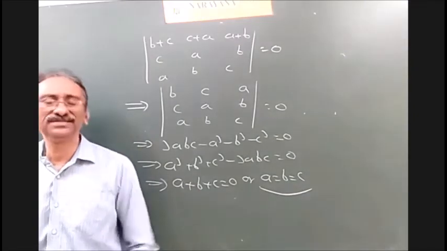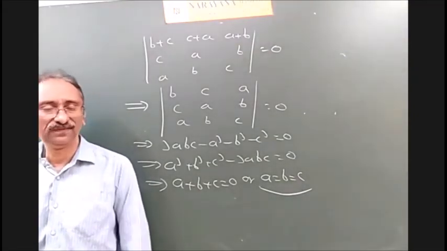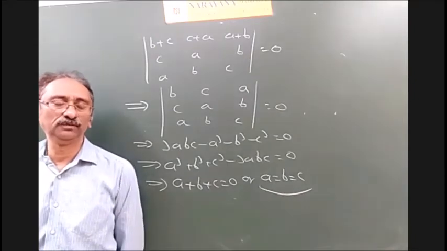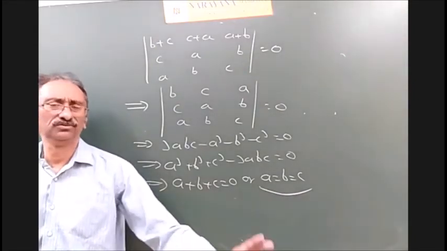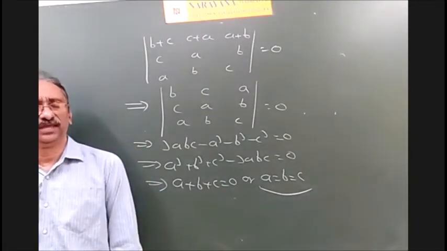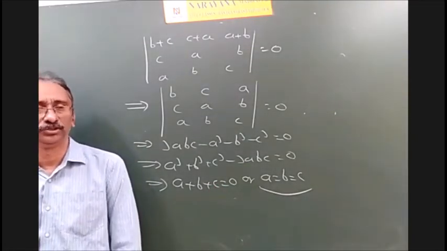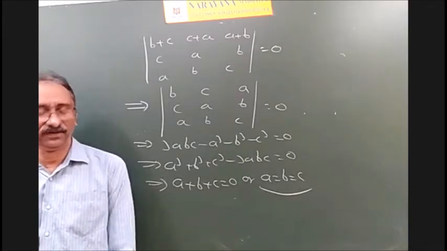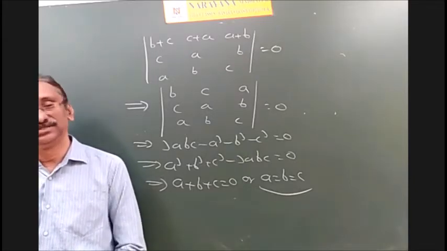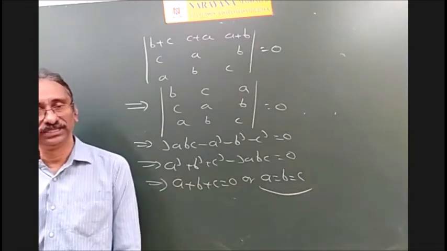There are no equations at all. Okay? So in general, they will give in the question itself, A, B, C are non-zero numbers. Otherwise, there is no problem at all. Therefore, A is equal to B is equal to C not equal to 0 is the answer.